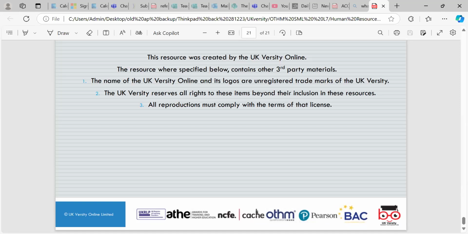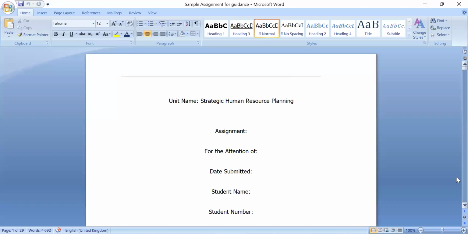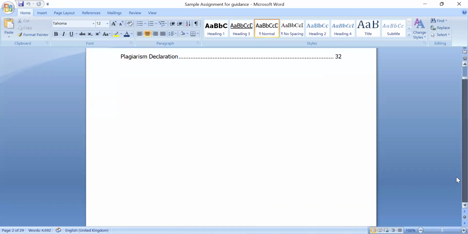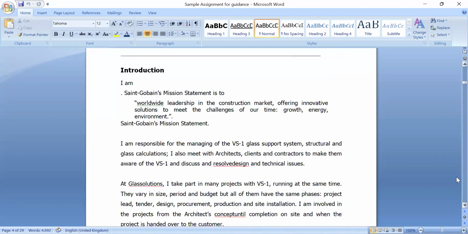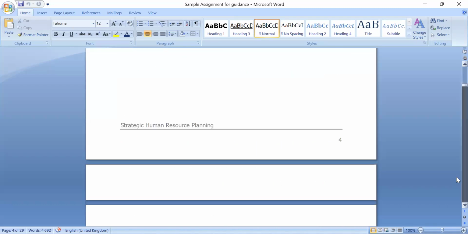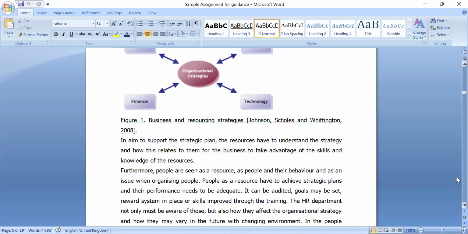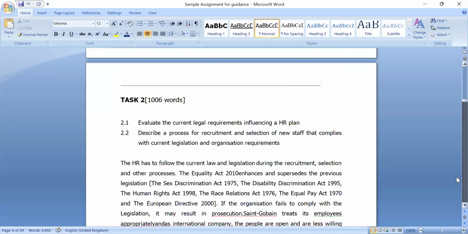Make sure you reference. We are giving you one sample assignment piece of work that will also help you with strategic human resource management, with a lot of discussion.